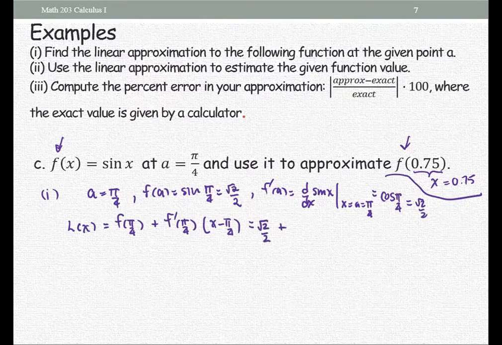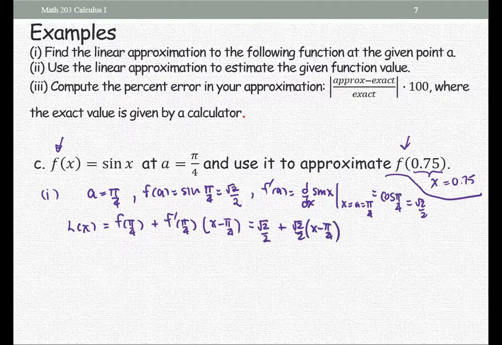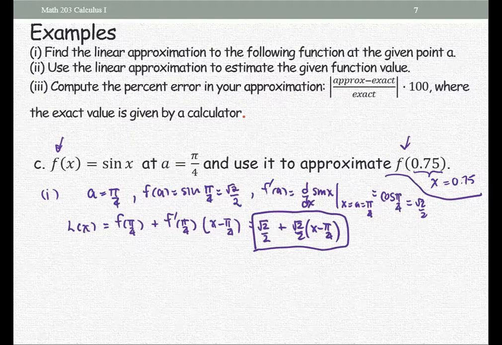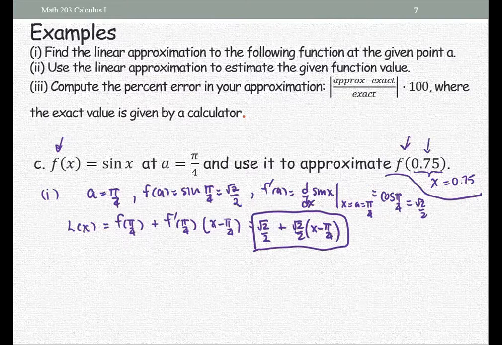The f prime, square root 2 over 2, multiplied by x minus pi over 4. Okay, just leave it as the exact form. So in the box here is the line, or it's called the linear approximation, that we're going to use to approximate the function at 0.75, which is the second part of the problem.